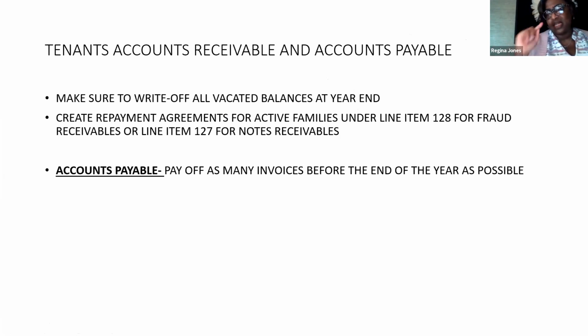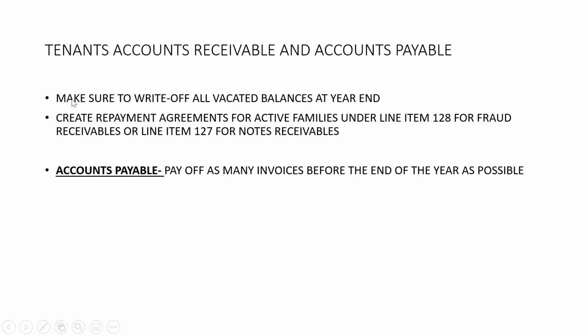I want to make sure I have those line items correct. I'm pretty sure I do, but. Yeah, I can pull up the calculation real fast. Okay. And with accounts payable, make sure you pay off as many invoices before the end of the year as possible. Very important to do.